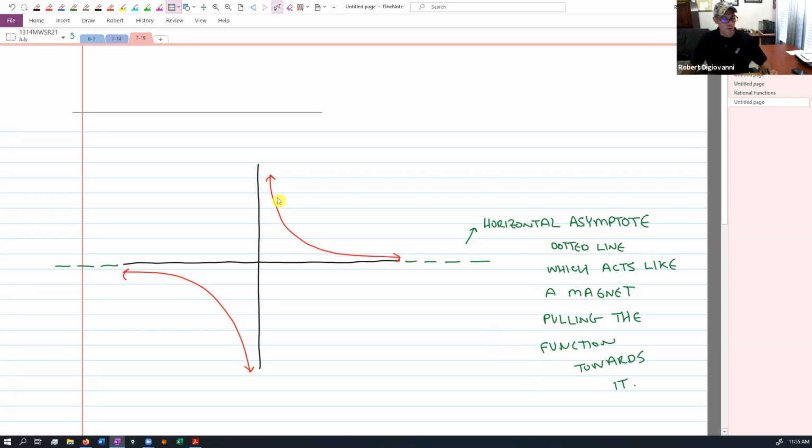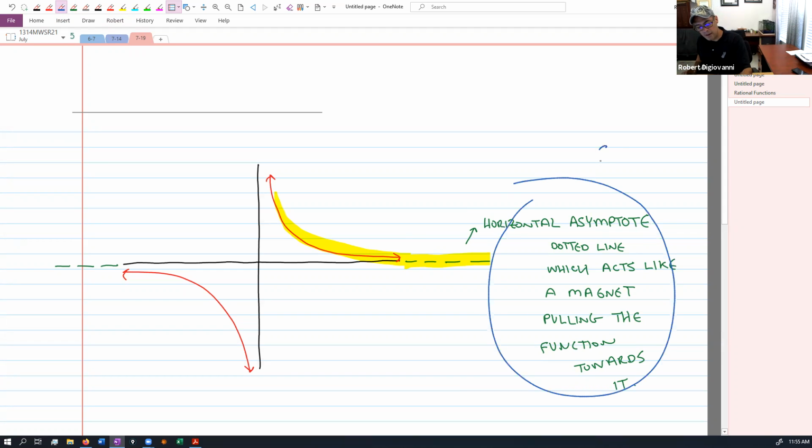So it's kind of like when you're drawing your graph, this dotted line here is like a magnet. As you're trying to draw your graph, you're getting pulled towards the dotted line as you go out to the edges. Okay, this right here is all end behavior only.